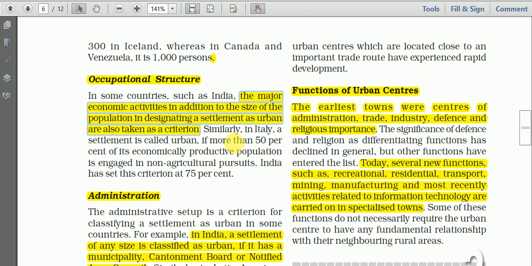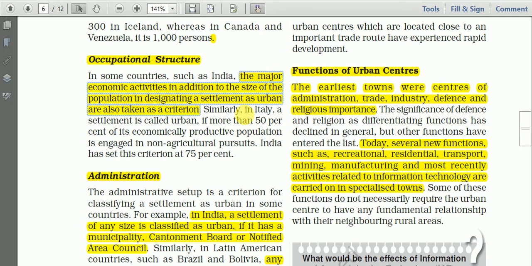For example, in Italy, a settlement is called urban if more than 50% of its economically productive population is engaged in non-agricultural pursuits.